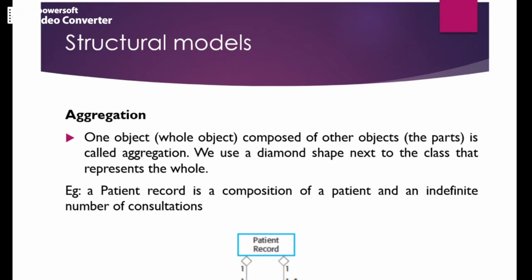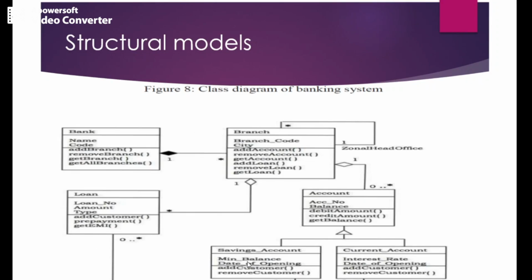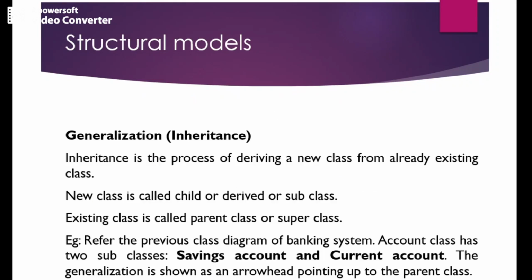Next, let us discuss aggregation. So this is another new terminology in class diagrams. Aggregation. Can you see this notation being used in this class diagram? This notation and this notation. They are different from your generalization notation. So look at this notation and this one. Both indicate aggregation.